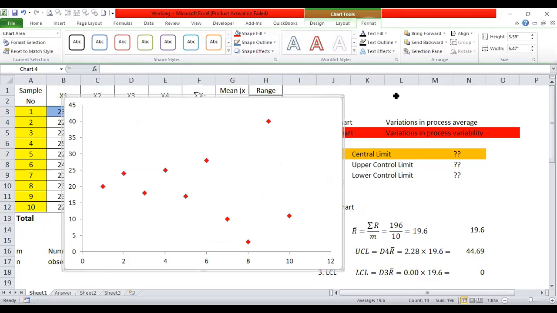So 10 observations, 10 samples, there are 10 points. And this is the bar chart, R bar chart.